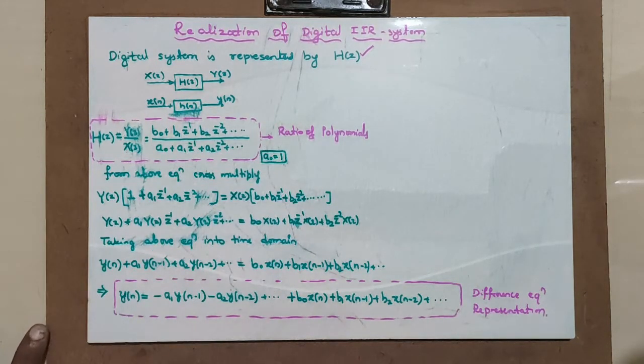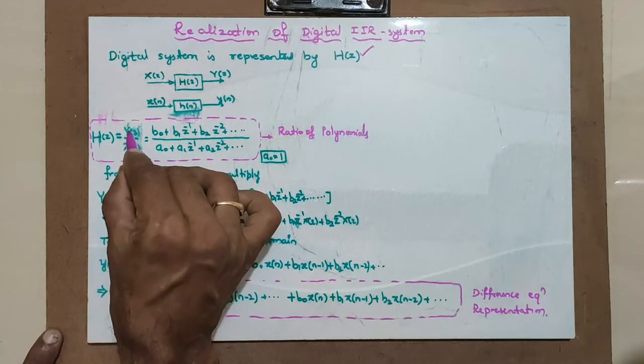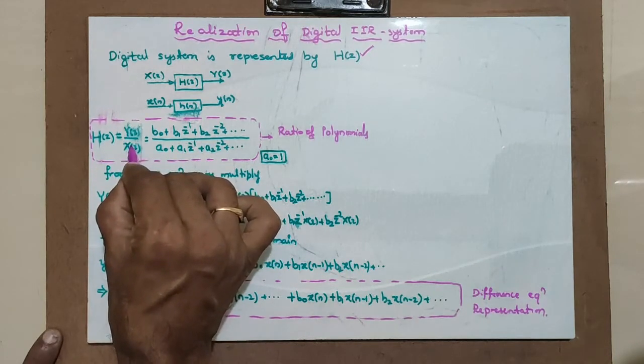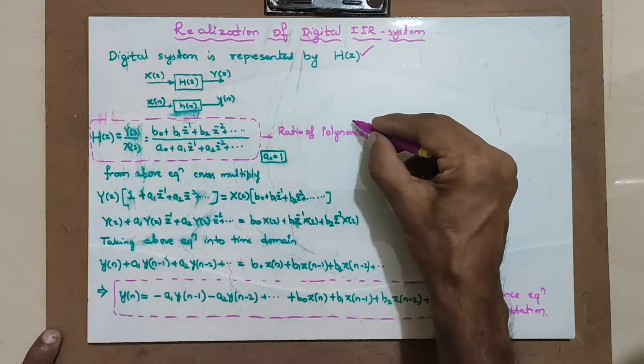We generally have two ways to represent a digital system. First, it is represented as H(z), which is the ratio of output Y(z) and input X(z). We are giving it as the ratio of polynomials.